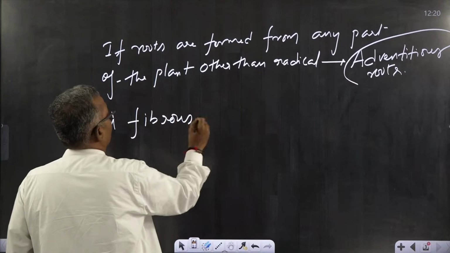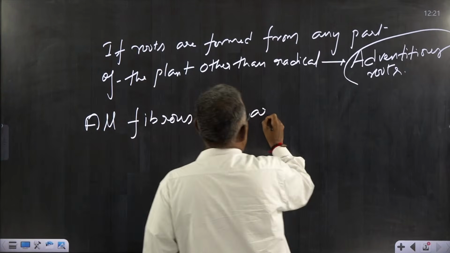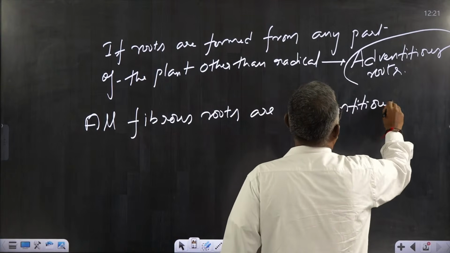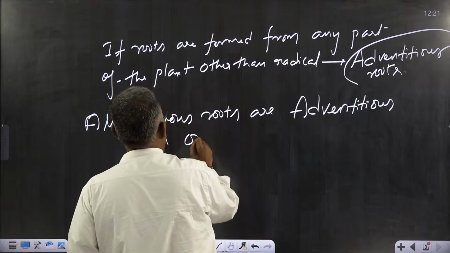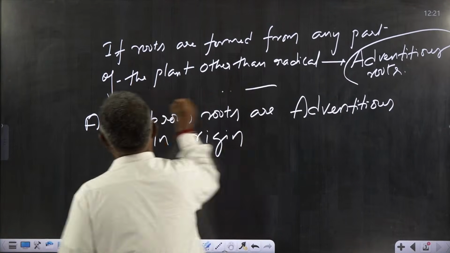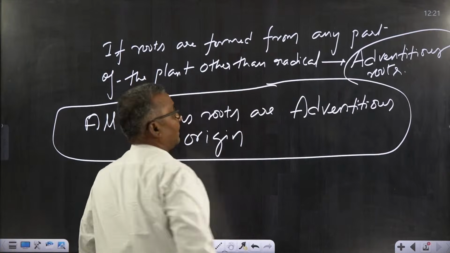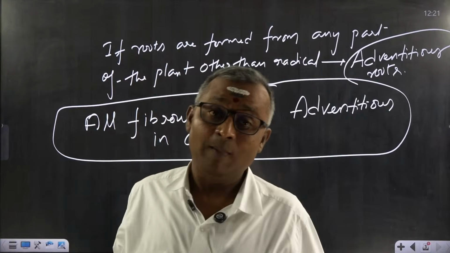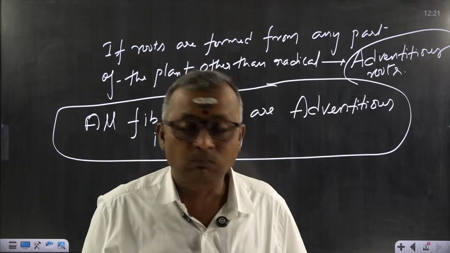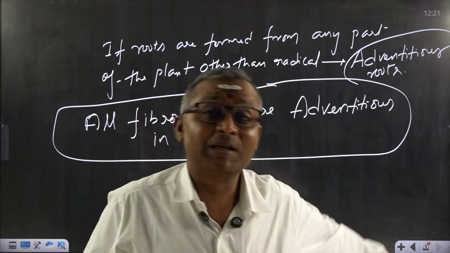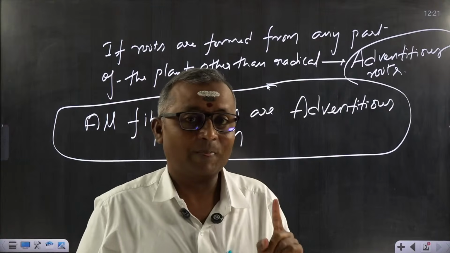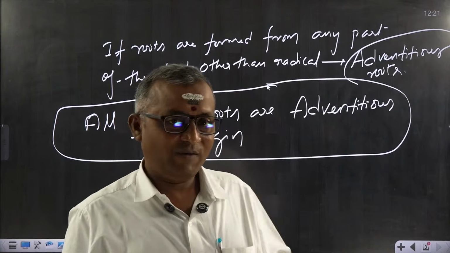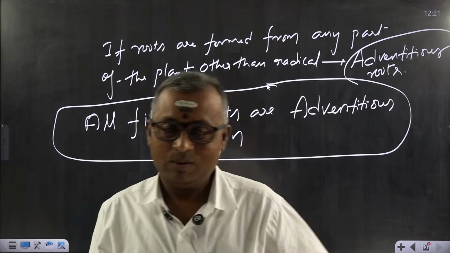So, all fibrous roots are adventitious in origin, but all adventitious roots are not fibrous in nature. Remember, fibrous indicates the nature of the root; adventitious indicates the origin of the root.